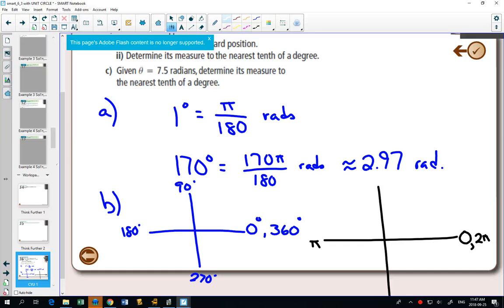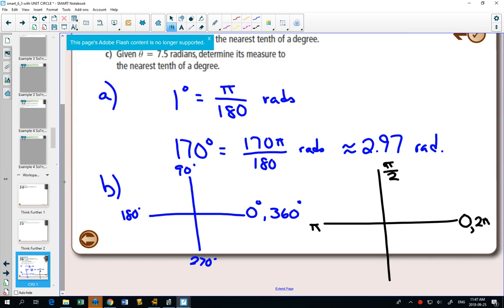What would 90 degrees then be? 1/2 pi, or we could write it as pi over 2. And 270 degrees? Well, if this is 1 pi over 2, this would be 2 pi over 2s. This would be 3 pi over 2s, just like 270 is 3 90s.